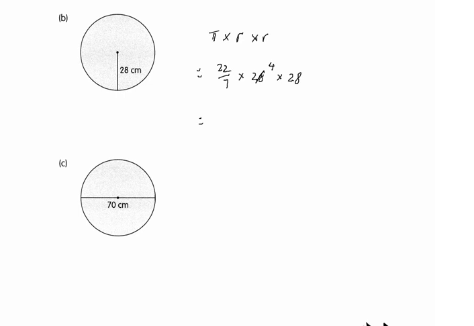Reduce this one to 4. Reduce it to what? 1. So 22 multiplied by 4 multiplied by 28, right? So Ryan, what's the answer? 2,464. So remember the answer: 2,464 cm square.